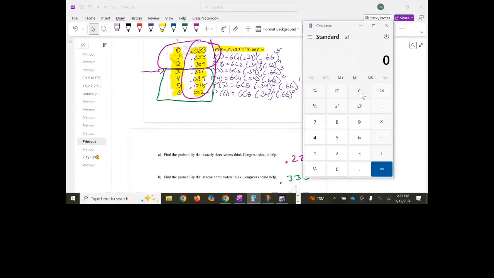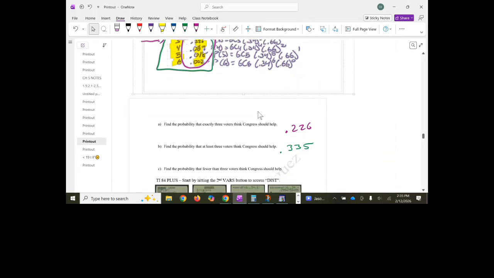Boom. Let me clear this out. We can take 0.083 plus 0.255 plus 0.329. If we add those numbers up, 0.667, right? Boom. And there we go.